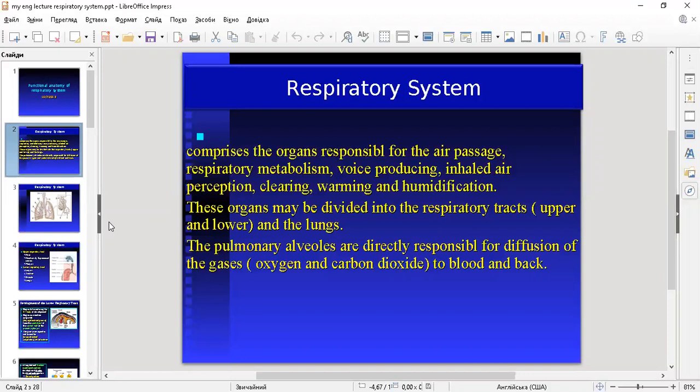These organs may be divided in the respiratory tracts, upper and lower, and the lungs. The pulmonary alveoles are directly responsible for diffusion of the gases, oxygen and carbon dioxide to blood and back.